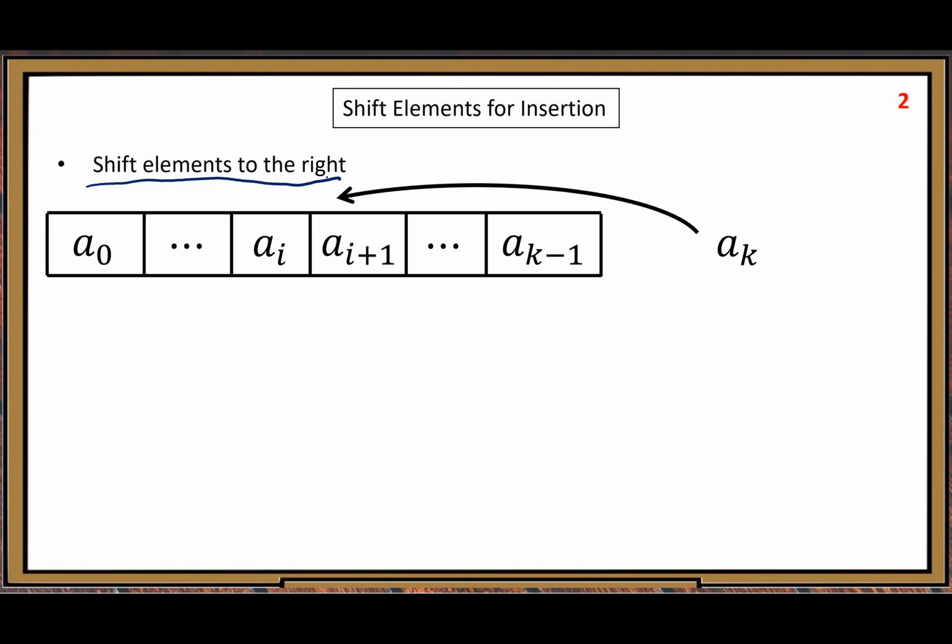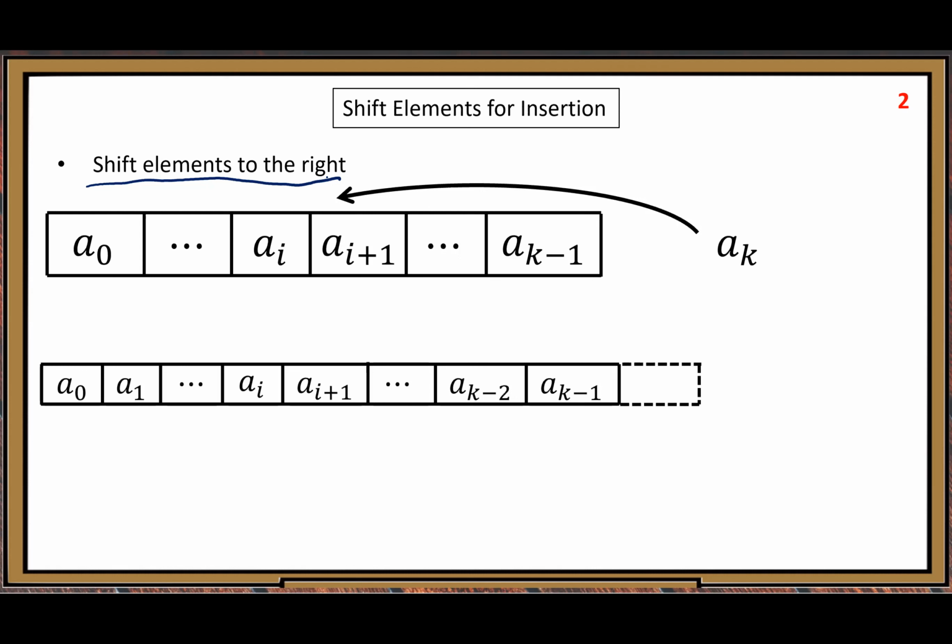Okay, so we need to do insertion. When we start, we have this picture. Insert A sub k into the ordered array. But you need to find some room for A sub k, right? You need to allocate some location for this new element A sub k.